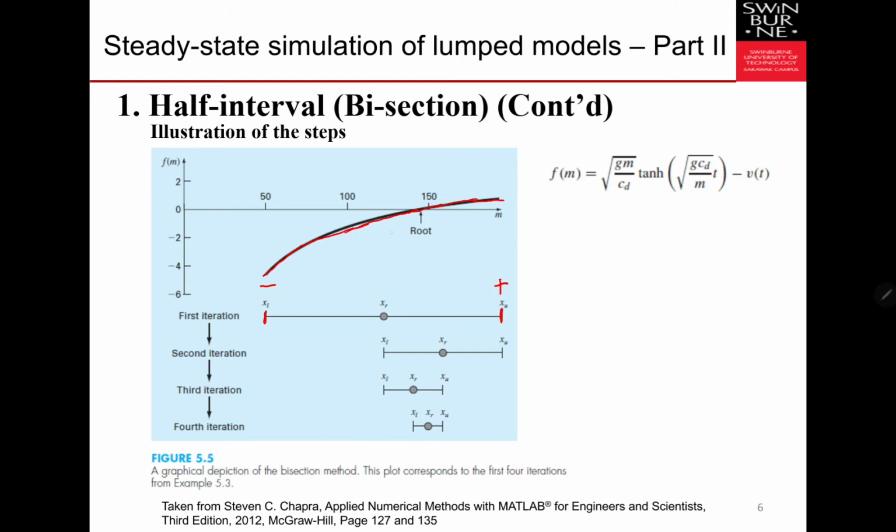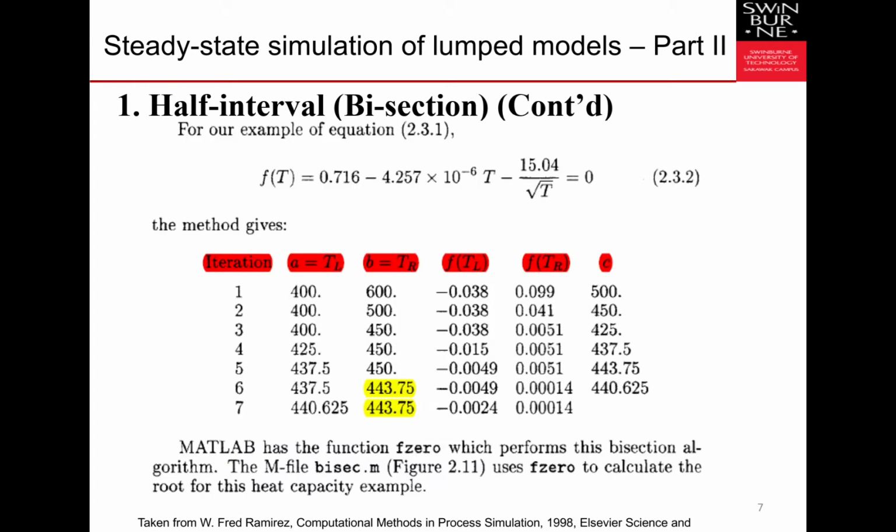You take the half of that, around 125, and this is a negative value, so it will replace the previous XL. This keeps going until it becomes very close to 0. Here is an example of how you carry out the bisection for the original problem of finding the temperature at which the heat capacity equals 1.